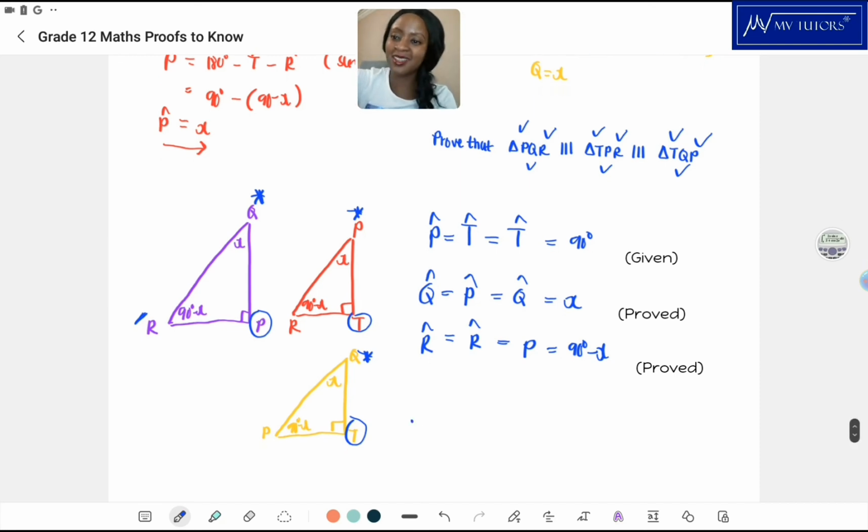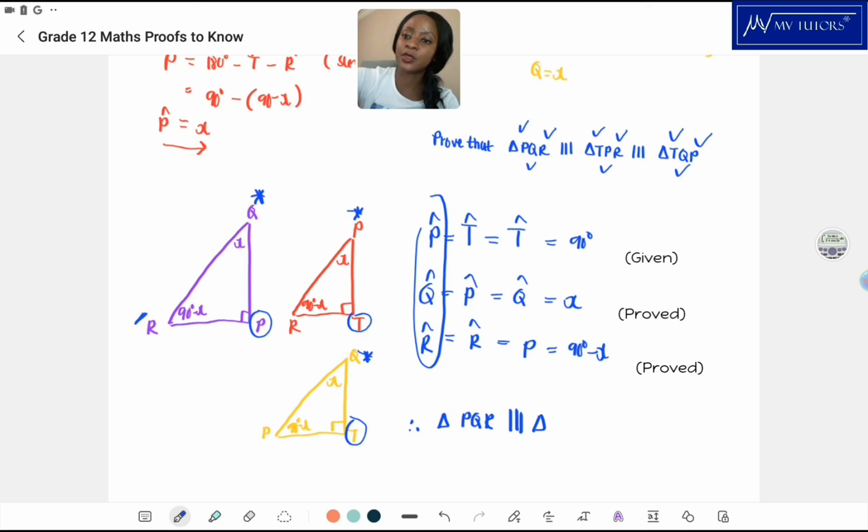Therefore, we can conclude that triangle PQR is similar to triangle TPR, which is similar to triangle TQP.